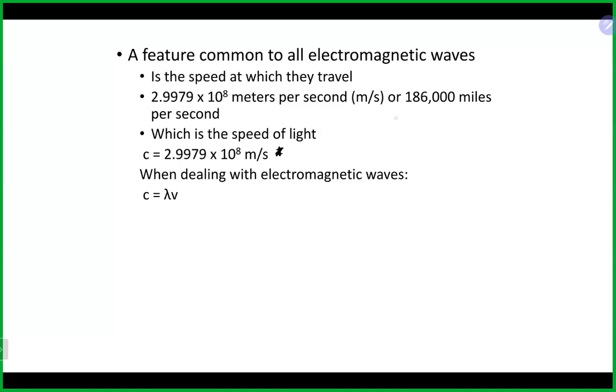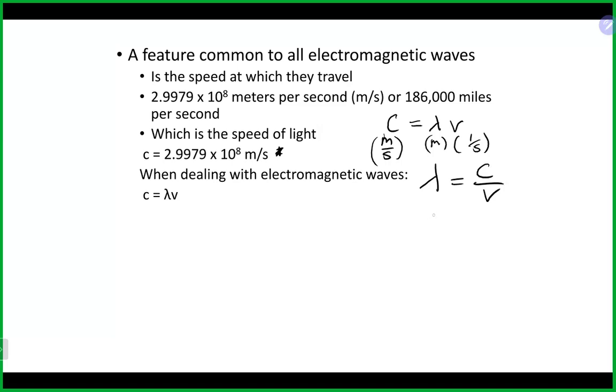And that gives us a formula that is used. The speed of light is equal to the wavelength times the frequency. This is in meters per second. The wavelength has to be in meters, and reciprocal seconds is what the frequency has to be in. So if you want to know what the wavelength is, and you know the frequency, the wavelength will be the speed of light divided by the frequency, so you could calculate it.